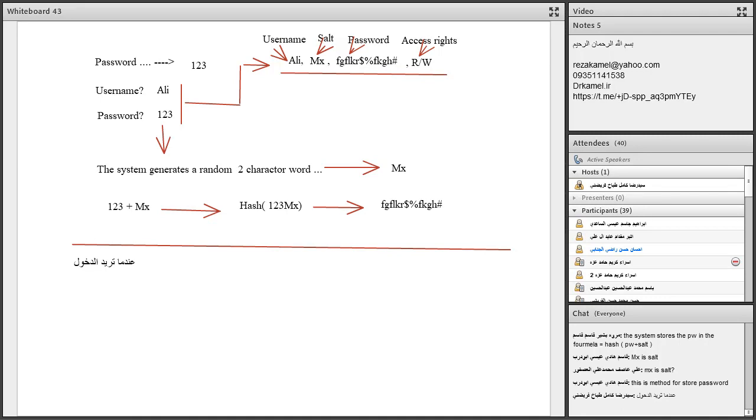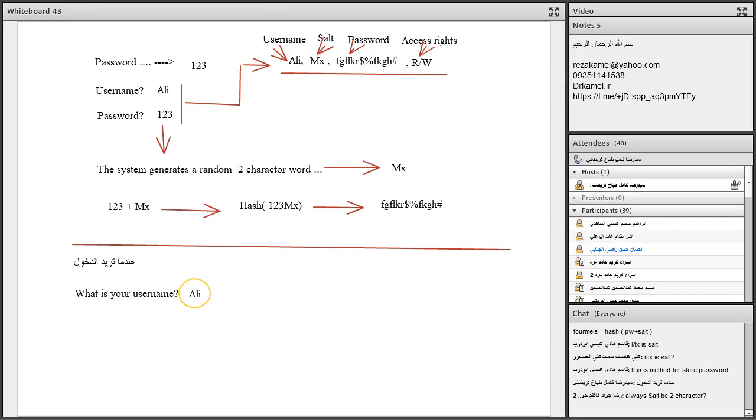When you want to enter, the first thing the system will ask is what is your username, and then for example you type I'm Ali. So it will go to the database and will find the record with the username Ali.